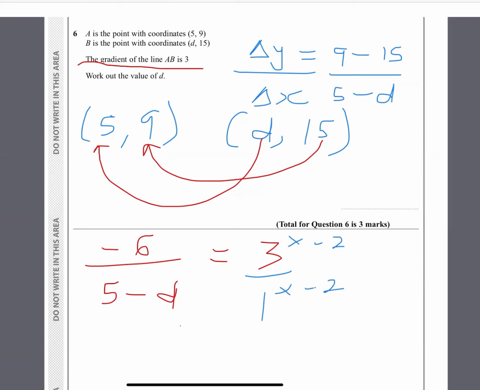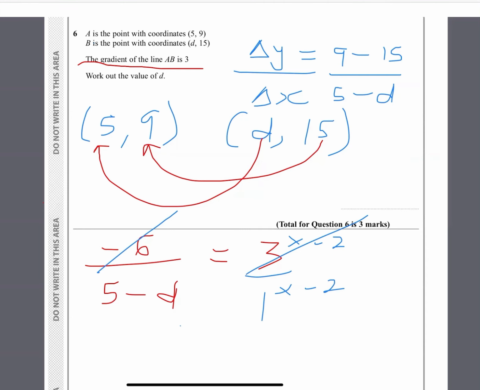Do you know why I did it with -2? Is it because that is common between -6 and 3? Yes, because at the end of the day, the top is -6 and -6, so they can cancel out.